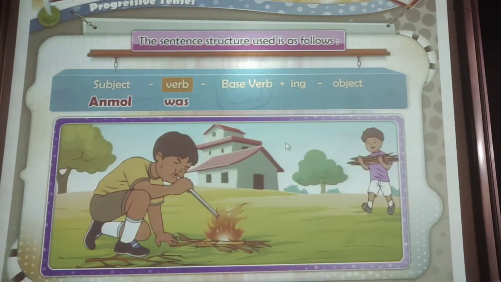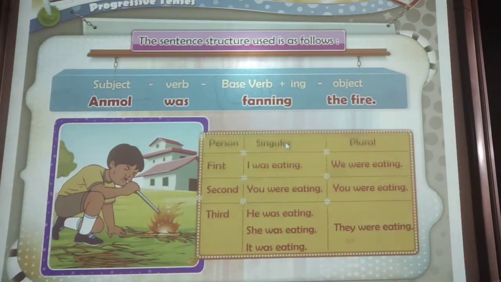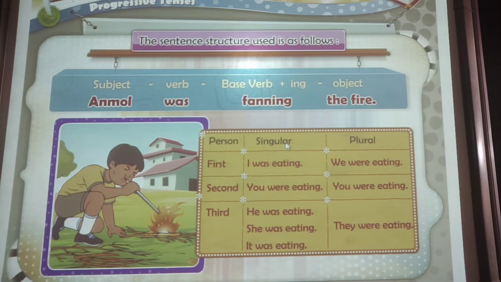Unknown was fanning the fire. Look at the table. Remember, with subjects I, she, he, it, and singular nouns we use was. With you, we, they, and plural nouns we use were.